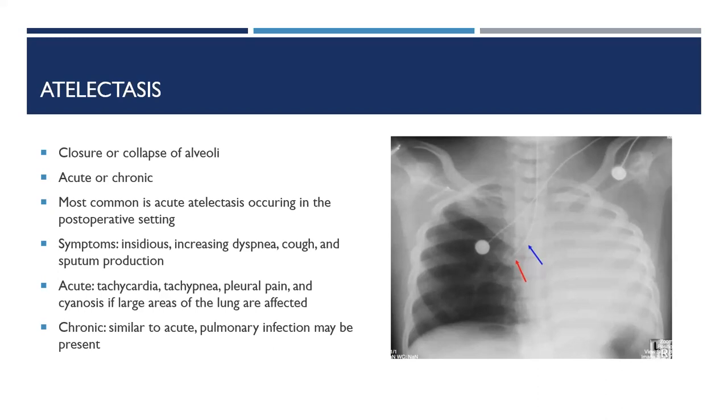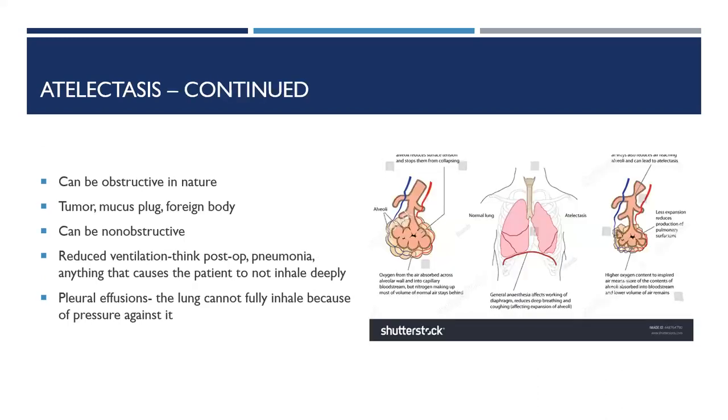So with the atelectasis, it can also be obstructive in nature. If something such as a mucus plug or cancer or foreign object has blocked the airway, and so you can't actually get air to the alveoli where it needs to be, then that can cause atelectasis as well.